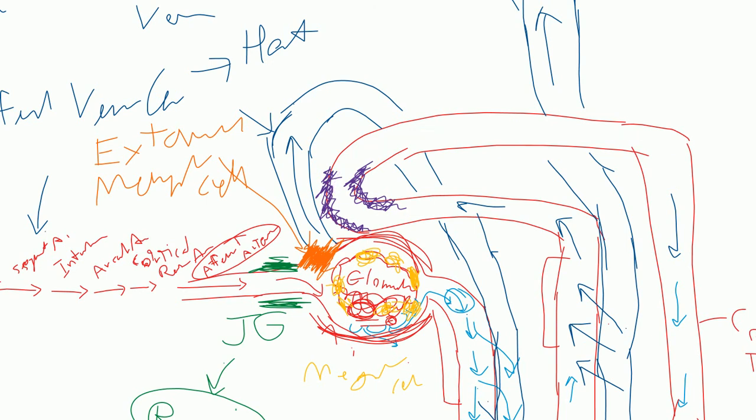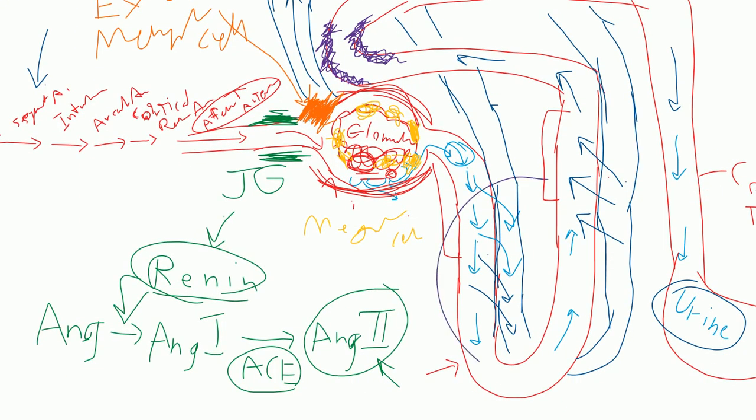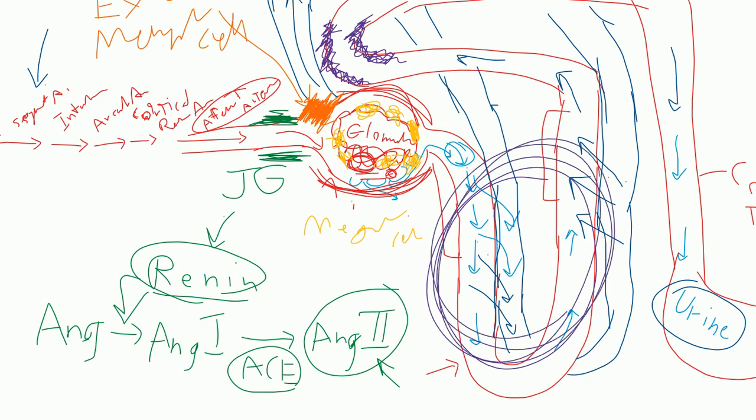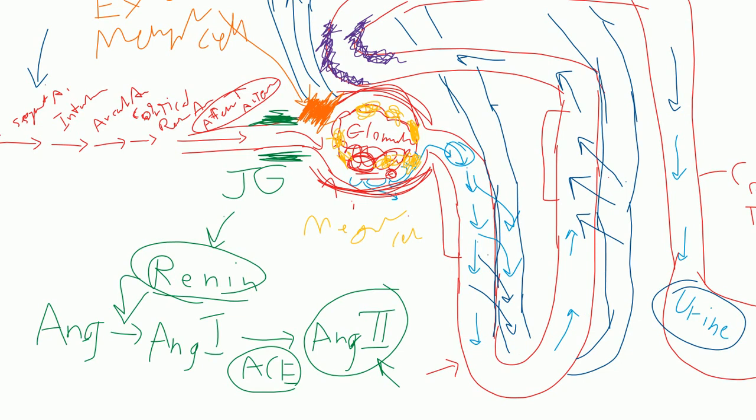If you have filtrate that is a little bit concentrated, a little bit too salty, this tells you that the flow of the filtrate going into the distal convoluted tubule is going a little bit too fast. It's going a little bit too fast, so the cells in the lower part of your renal tubule, like all the cells right here in the descending loop of Henle and the ascending part of the renal tubule, do not have enough time to pick up all the good stuff and put it back into the body.